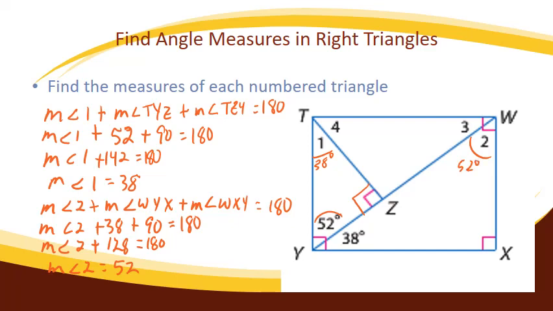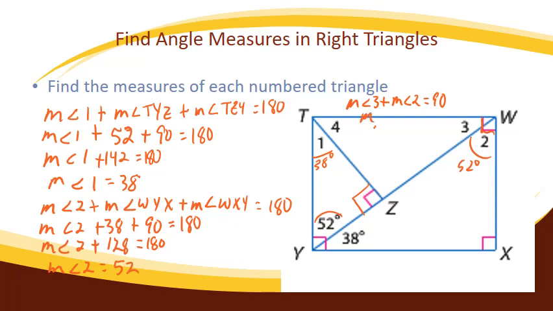All right, well, let's look at angle 3 then. So angle 2 and angle 3 are adjacent angles that both equal 90 degrees. So here's my little 90-degree mark, and it includes both angles 2 and 3. So that means that the measure of angle 3 plus the measure of angle 2 equal 90. So that means they're complementary.